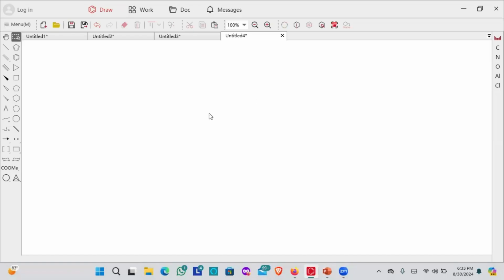Hello everyone. Today I'm going to be synthesizing epichlorohydrin starting with allyl chloride. Let's start by drawing the structure for allyl chloride.